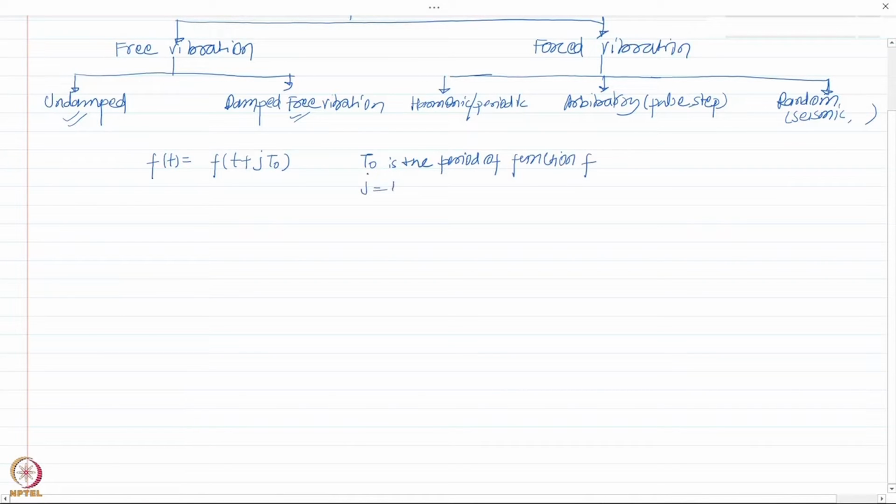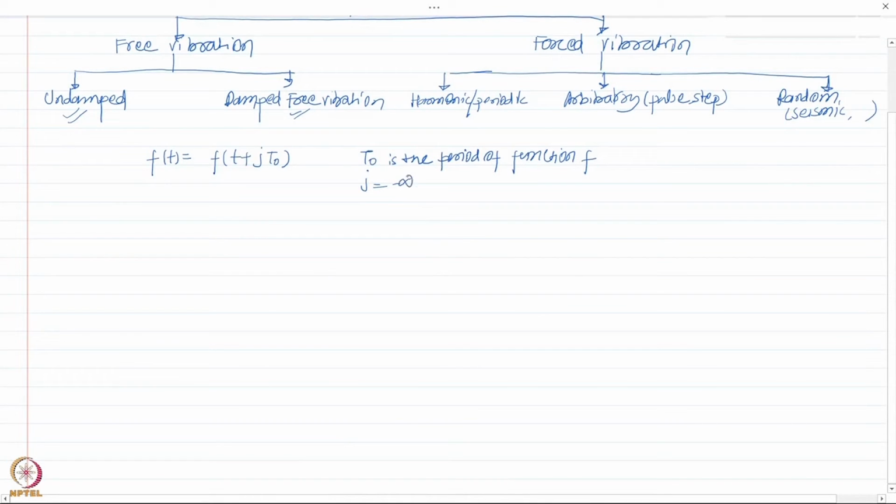It could be all the integers from minus infinity to plus infinity, so minus 3, minus 2, minus 1, 0, 1, 2, 3, and so on. If a function can be written like this, it is characterized as a periodic function.